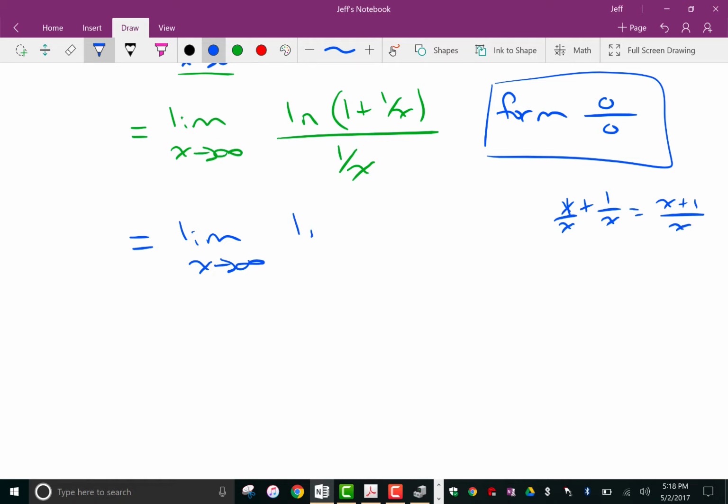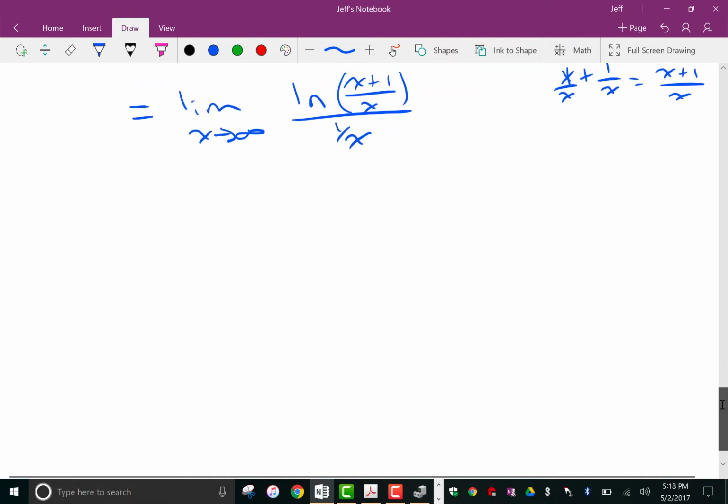So this is the natural log of x plus 1 divided by x, all divided by 1 over x. And that's just going to make the derivative a little bit easier. So I am now ready to take L'Hopital's rule. So I will make a note. I am using L'Hopital's rule.